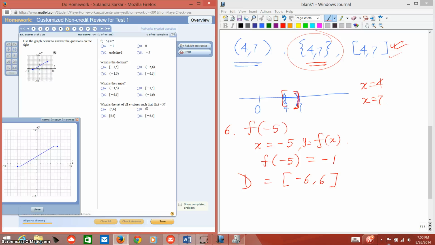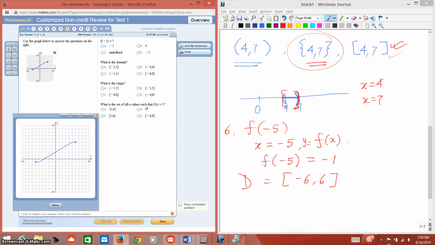For the range, the next question does tell you, yeah, it's range. So you are talking about the y values. Find out what y values you are getting. The lowest y value you get is -1, and the highest value you get is 1, 2, 3, 4, 5.